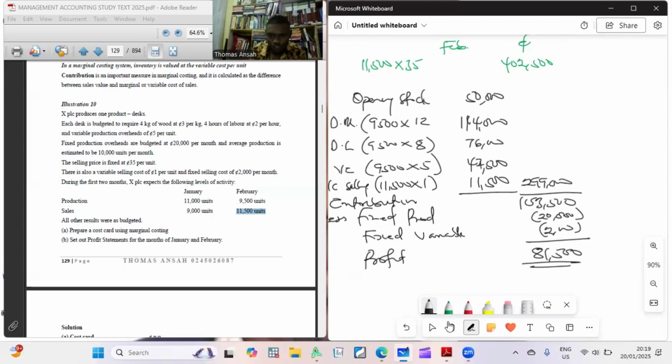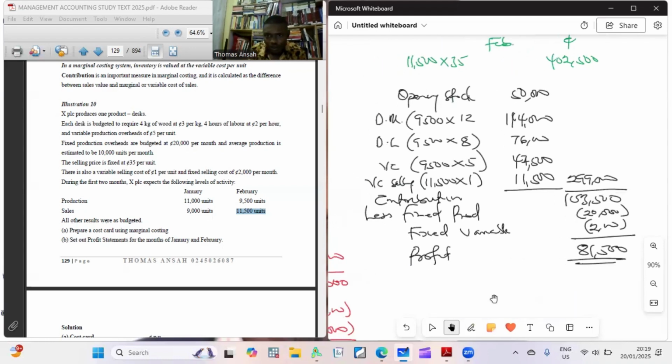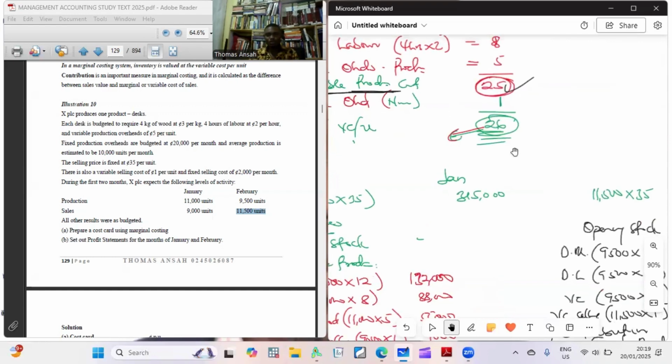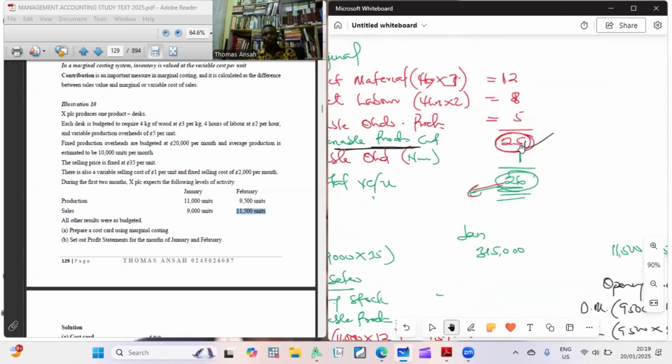The whole issue of contention is around this side. You need to be careful, and the closing stock, all right? You need to be careful what we use to value the closing stock. The value of the closing stock is the variable cost of production, or variable production cost. Take note of that. So when you are determining the value you use for the closing stock, be careful about here.